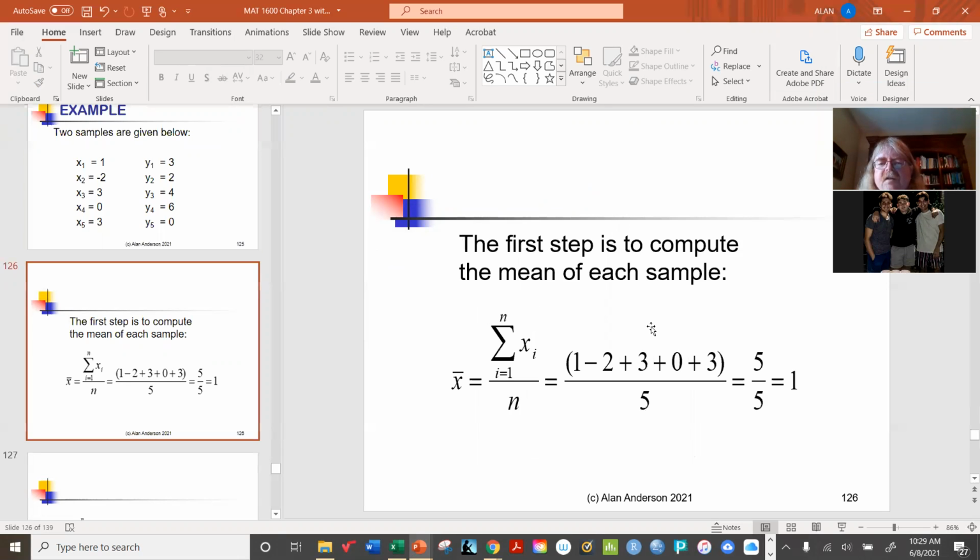Okay, so let's calculate x bar, and you can see you're just adding up the elements of x and dividing by 5, so that gives me 1. Yes, so you're just adding them up. You don't have to sort them or anything. Just add them up and divide by 5. And you'll have a sample mean for x of 1.